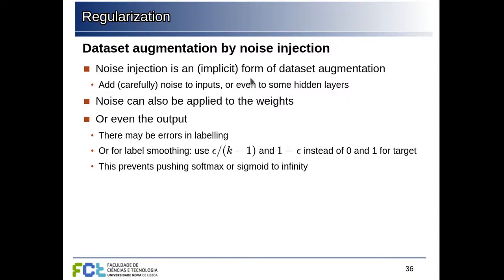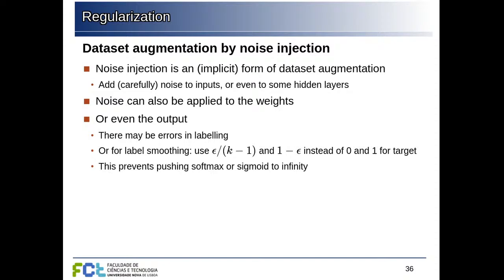For example, for a binary classification, instead of having labels that are 0 and 1, you can have labels that are, for instance, 0.1 and 0.9, so that your network doesn't try to be absolutely sure about the class of each example by trying to approximate 0 or 1 in the estimated probability of belonging to a class, but it's more conservative and tends to go to slightly lower or more uncertain values.